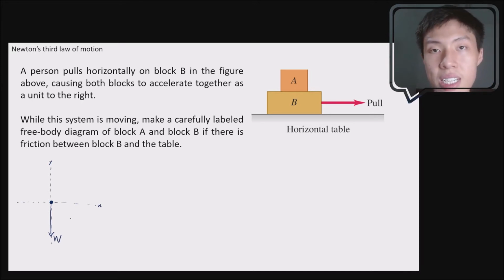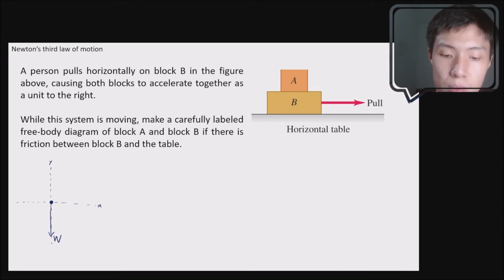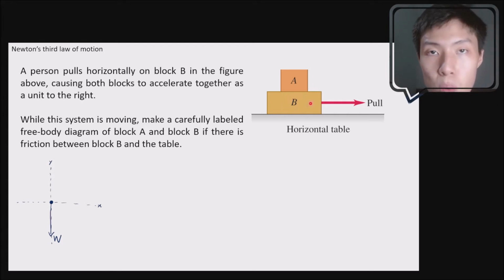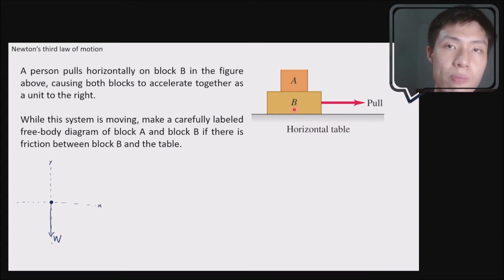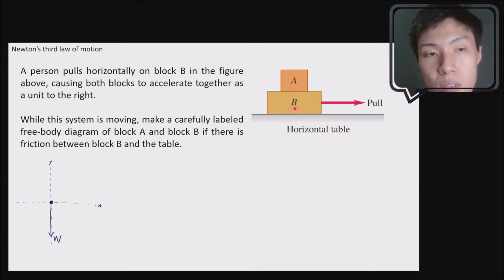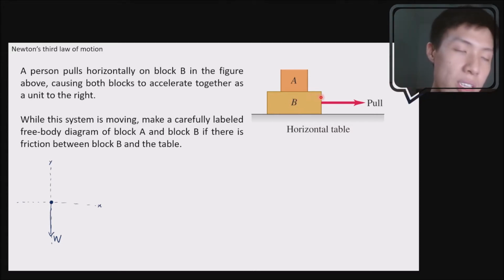Next question, is block B attached to any ropes, strings or cables? You see no ropes, no strings, no cables attached to block B, so there's no tension.